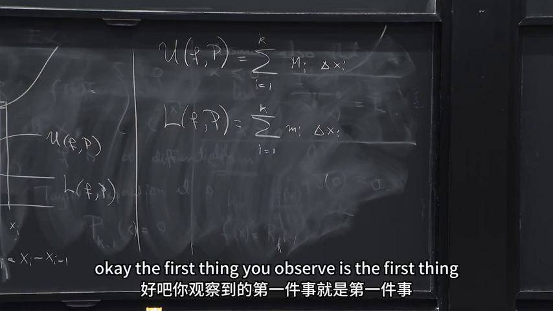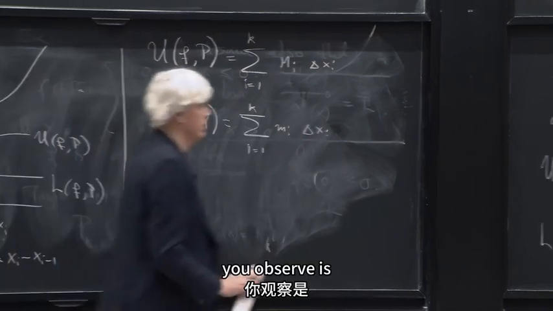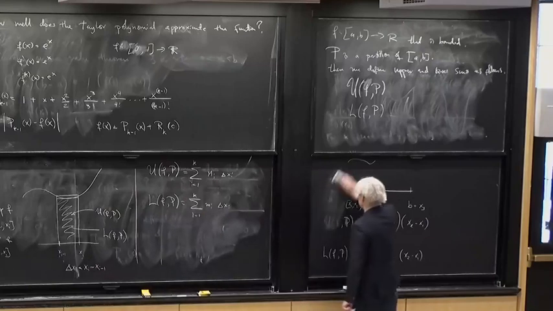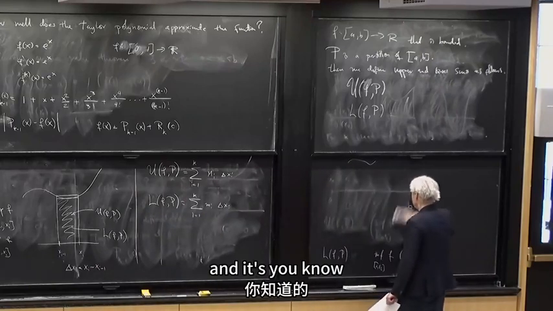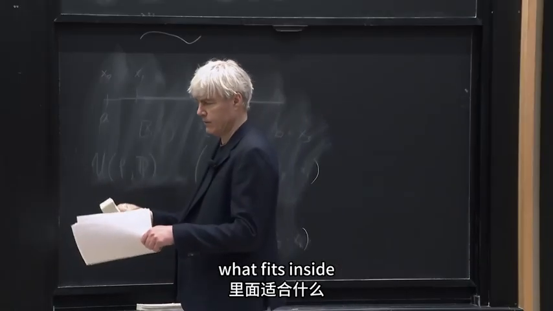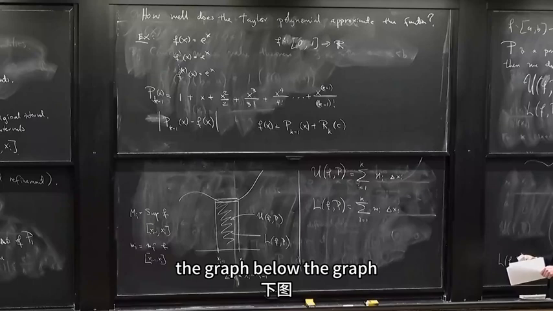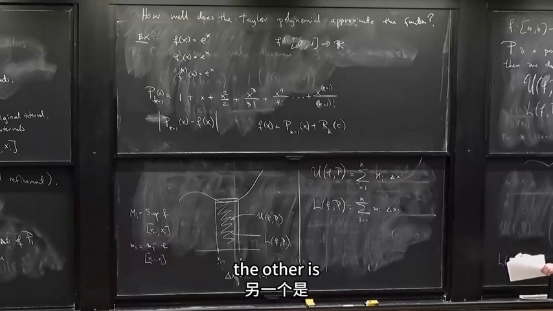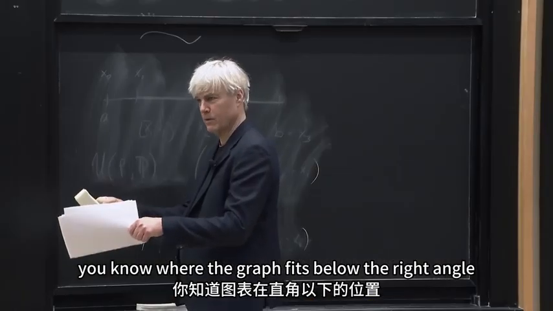Okay, the first thing you observe is a trivial fact, and that really should be the case, because one is what fits inside the graph, below the graph. The other is where the graph fits below the rectangles.